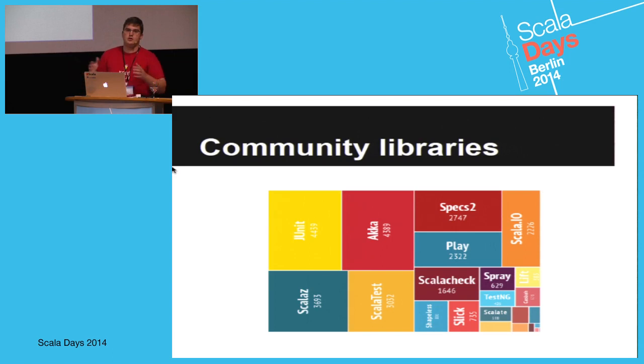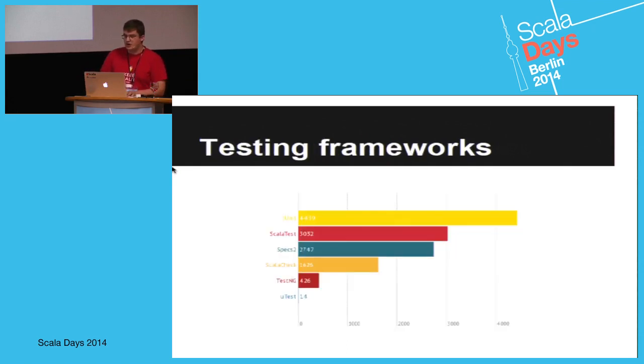So type-aware highlighting related to Akka library can be more important, for example, than the Spray framework. Of course, Spray is also a very important library, but we didn't have a lot of resources to do everything at the same moment. The next thing is testing frameworks.